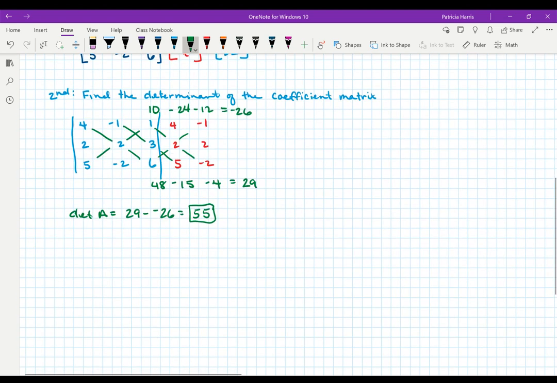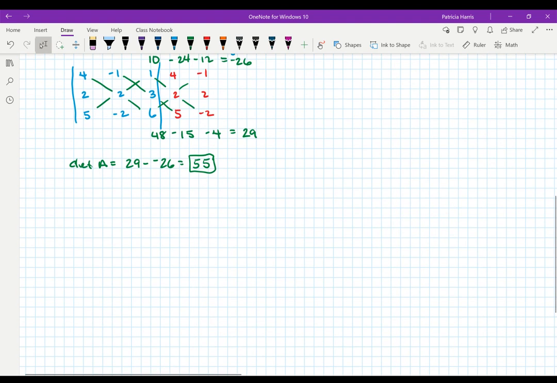All right. For our third step, first what you're going to do is take your coefficient matrix and replace the first column with the constant column.